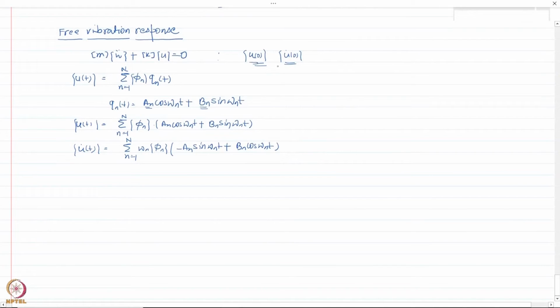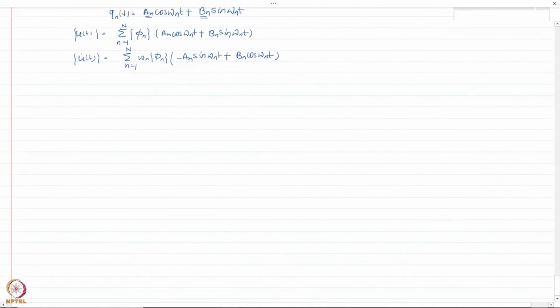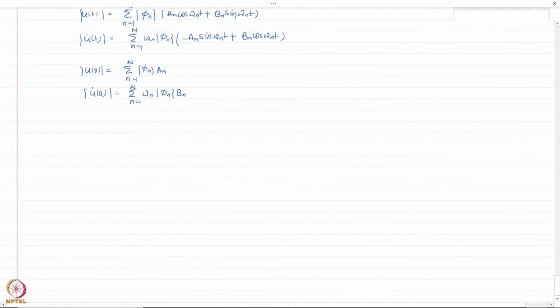That would give us u0 as the summation n equal to 1 to n of phi n times an, and the velocity vector u dot 0 as the summation n equal to 1 to n of omega n times phi n times bn. This is the expression we would utilize to find the constants an and bn.